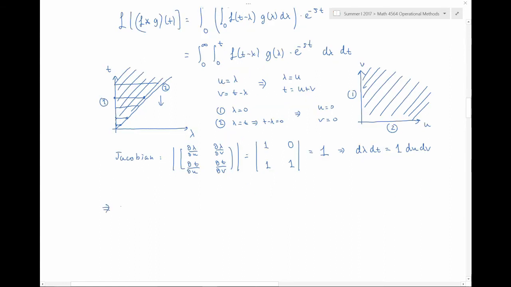By changing the integral, my Laplace transform becomes the integral from 0 to infinity in terms of v times the integral from 0 to infinity in terms of u, and I have f of v times g of u times e to the minus s multiplied by u plus v, integrated with respect to u and then with respect to v.